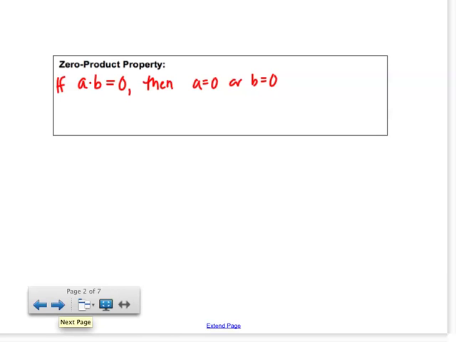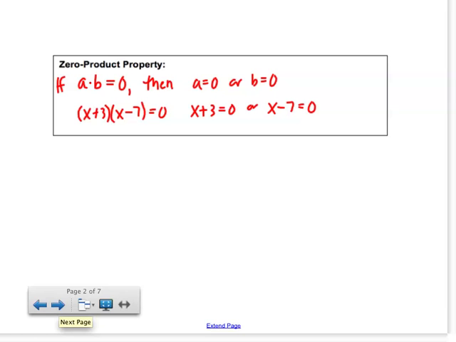An example of this for what we're doing is if I had x plus 3 times x minus 7 equals 0, then x plus 3 equals 0, or x minus 7 equals 0.